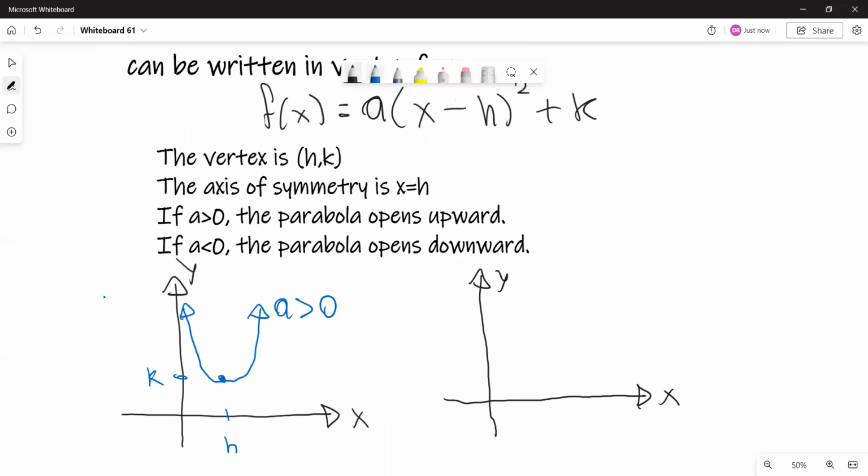And the other one is the case when the leading coefficient is negative. The axis of symmetry is going to be the line passing through the vertex.